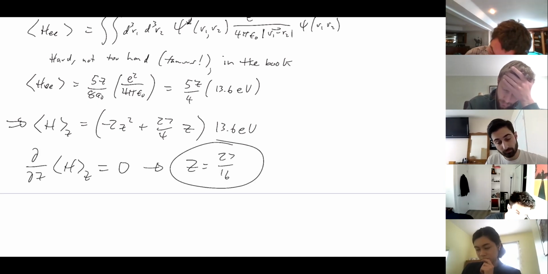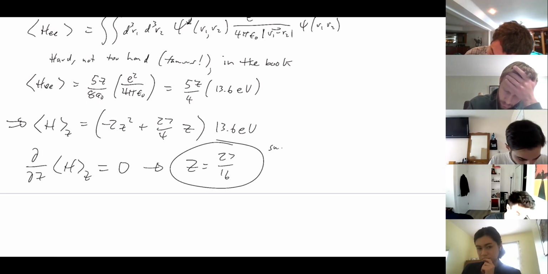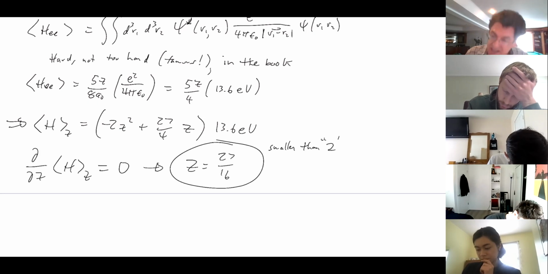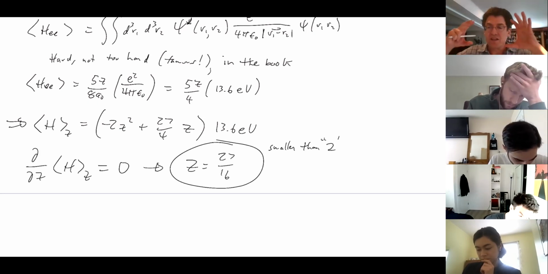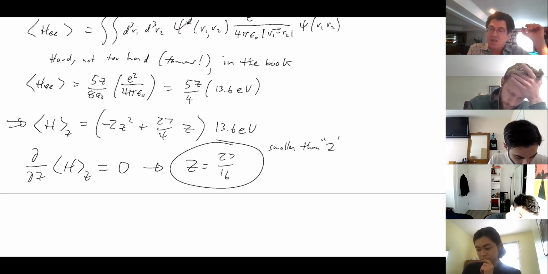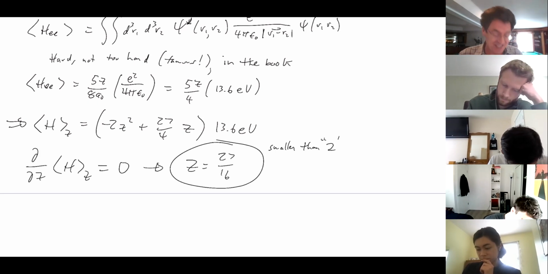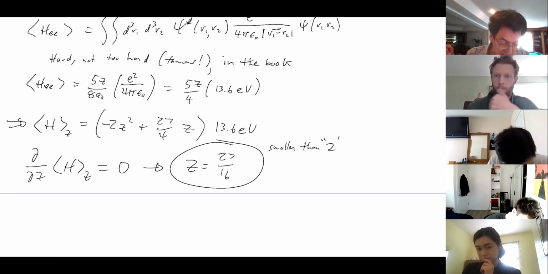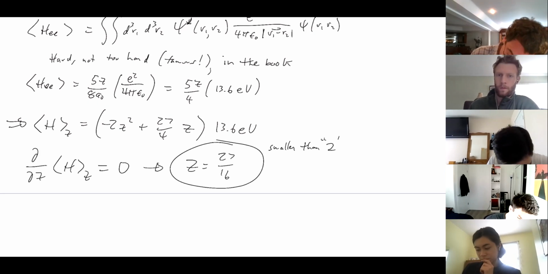And I just want you to notice it's smaller than 2. That means the screening has made the effective z smaller than 2. We just calculated it.